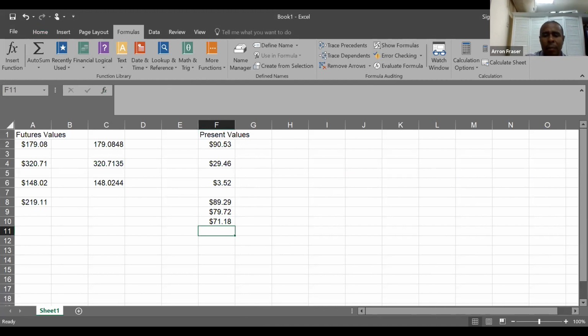And if you add all up together, so that's the present value of the cash flow for the 3 years. So year 1, year 2, year 3. So this would be year 1, year 2, year 3. And this would be the total.